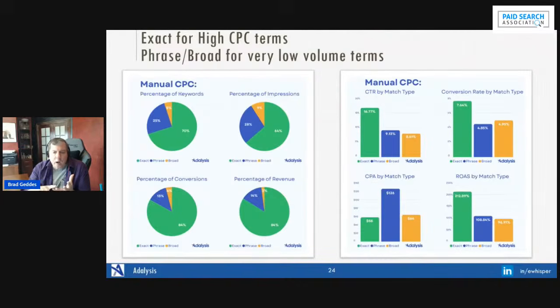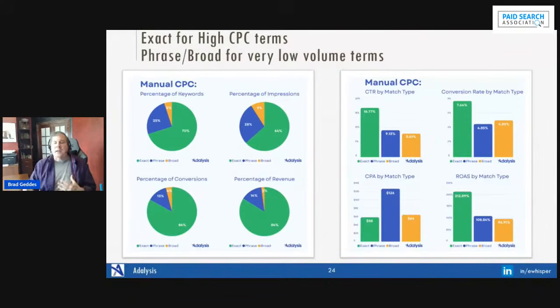They're either niche products or they're small geographies. Those companies are using exact and broad match. So what's happening here is the exact match data is a combination of super high CPCs and low volume. The broad match is only low volume. The phrase match is only the super high CPCs. So that's why, don't be afraid of the CPA of phrase match here. Use it if you're using manual bidding.